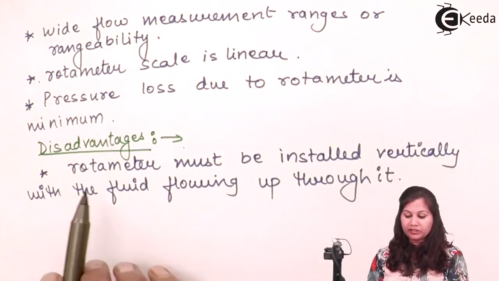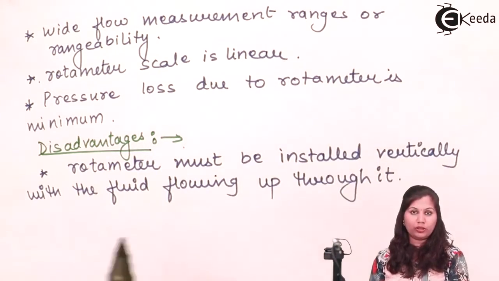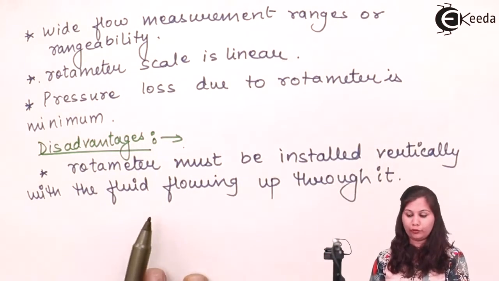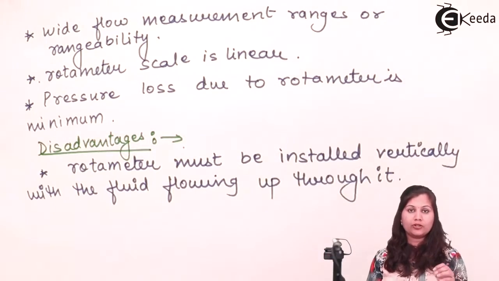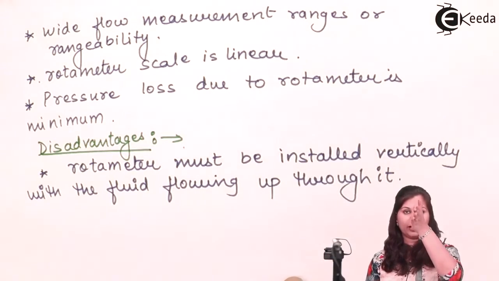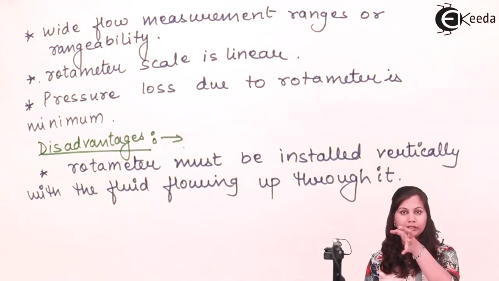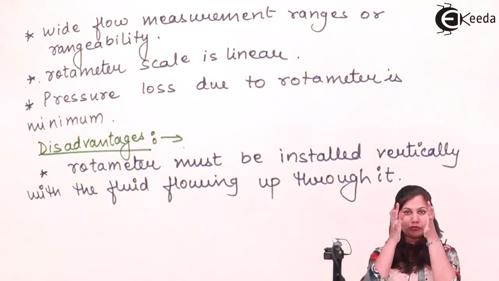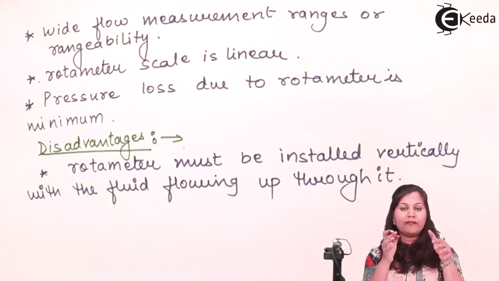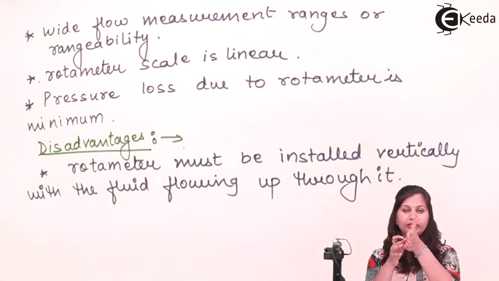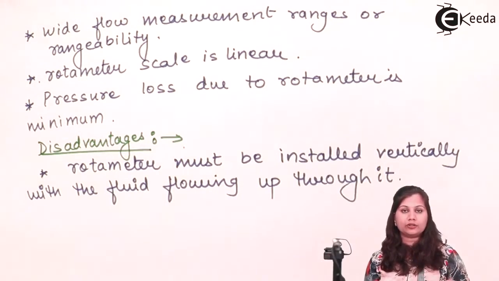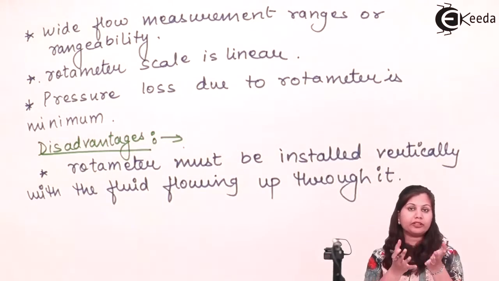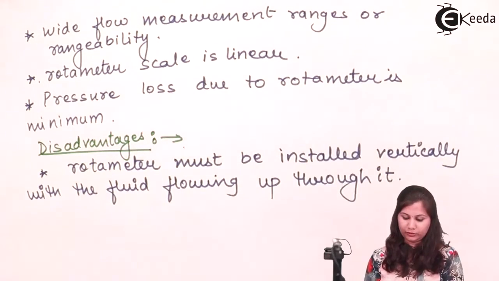So the rotameters must be installed vertically with the fluid flowing up through it. Rotameter should be kept in the vertical position, with the fluid entering from the bottom, so that the float can be raised up with the fluid flowing.